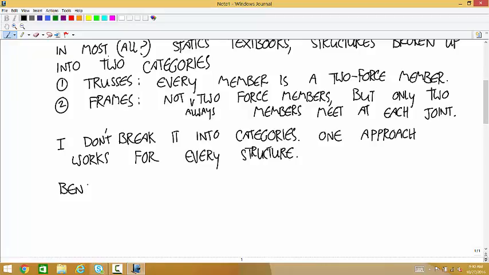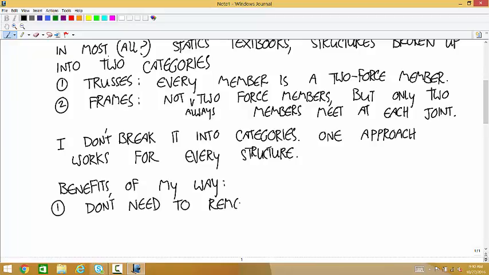So the benefits of my way. The first one is that going into the problem, you don't have to think about categorizing the structure. And you don't need to remember different approaches or categorize structures.